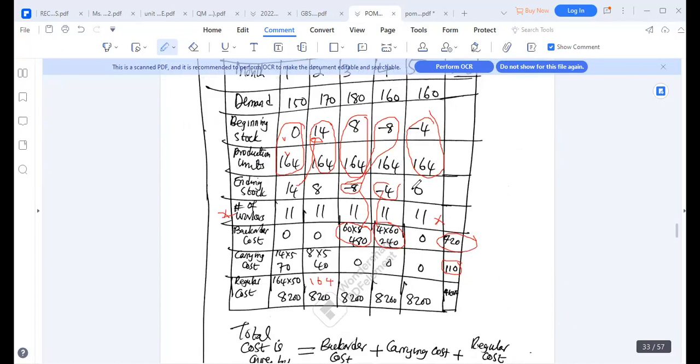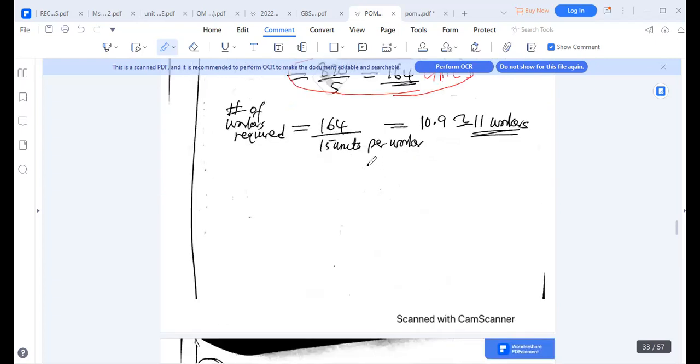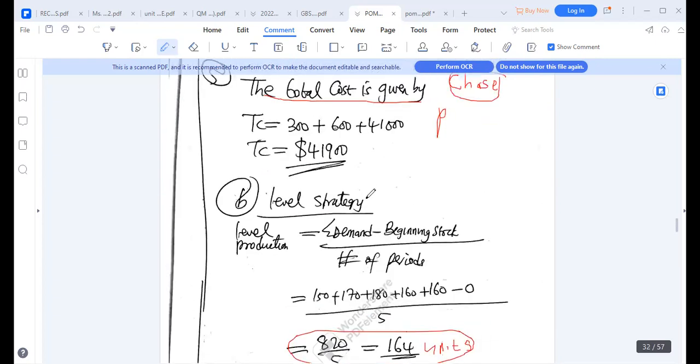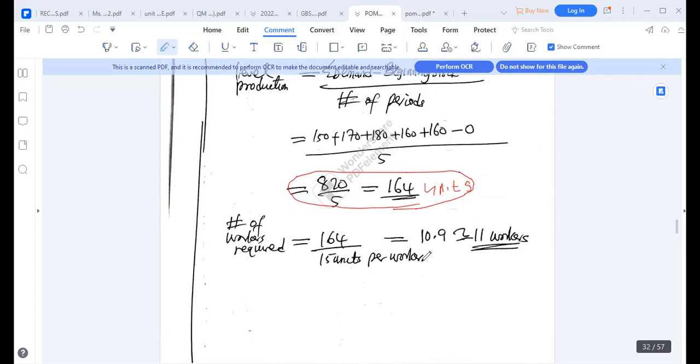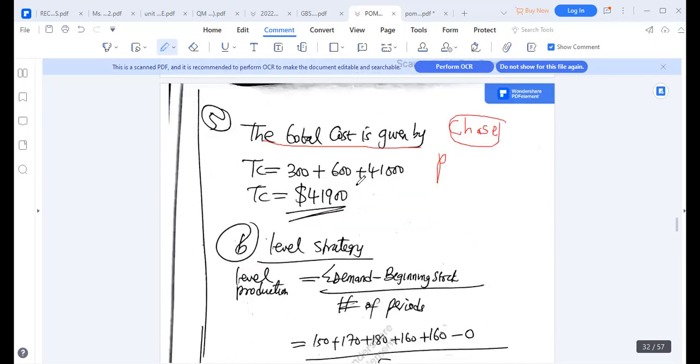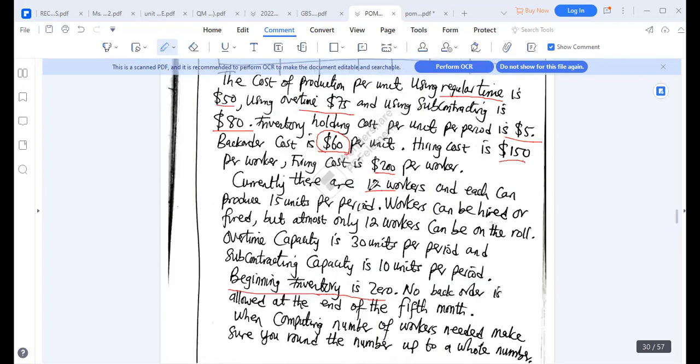But of course, under this one, why are we having 11 workers? This study does not require the firm to fire anyone. But by computing this, we found 164 units, and the required number of workers was 11. But the question mentioned that the current workforce was 12 workers.